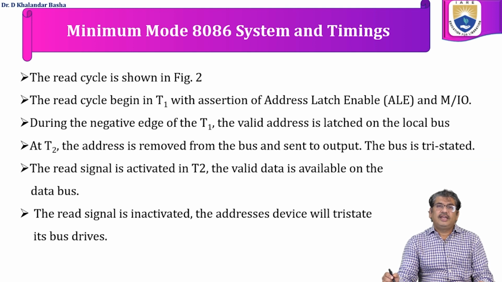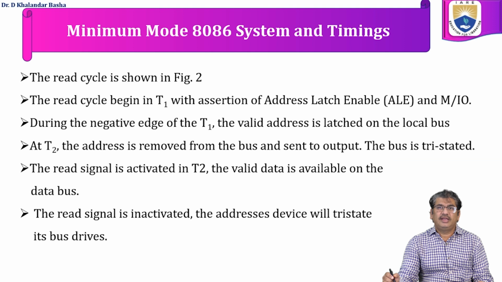The read cycle in minimum mode is shown in figure 2. The read cycle begins in T1 with assertion of address latch enable ALE and M/IO bar. During the negative edge of T1, the valid address is latched onto the local bus. At T2, the address is removed from the bus and the bus is tristated.